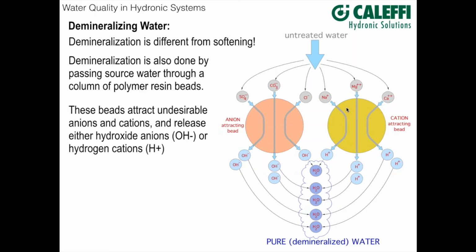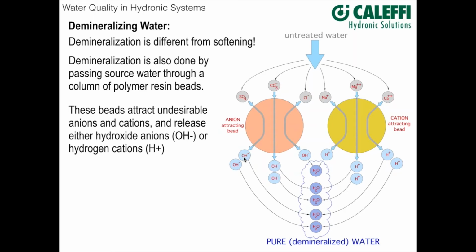So we're able to get both positive and negative ions in the water to be attracted to one of these beads. I'll start over here on the left. We'll take a sulfate ion that has 2 negative charges. That is going to be captured by this orange-colored bead, and the result is 2 hydroxide anions are going to be released. Let's look at it from the standpoint of electrical charge. We have 2 negative charges going in, so 2 negative charges have to be released.